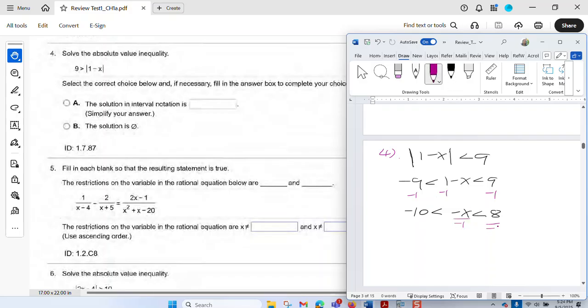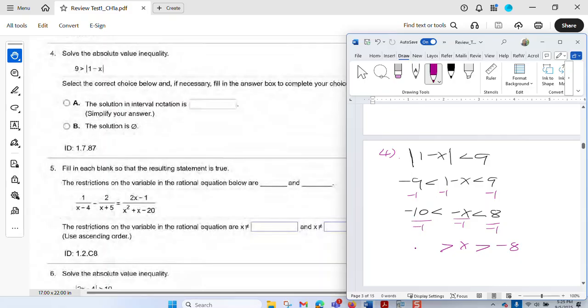One thing is if you multiply or divide by a negative number, you have to change the inequality direction. So this less than becomes greater than, this greater than becomes less than. So 8 divided by negative 1 is negative 8. Negative 10 divided by negative 1 is positive 10, right?